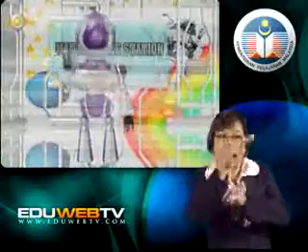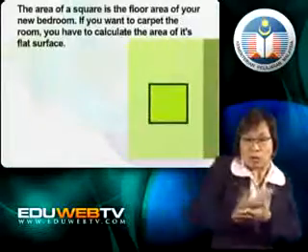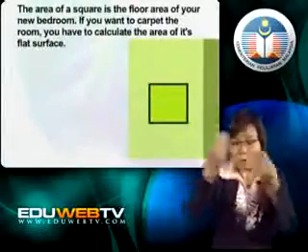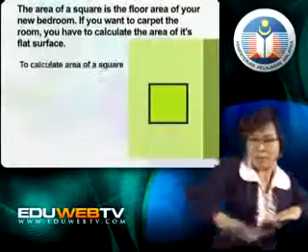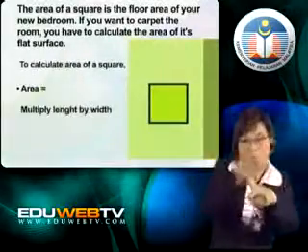Let's move on. We begin with how to calculate area. Look at the example. The area of a square is the floor area of your new bedroom. If you want to put a carpet in the room, you have to calculate the area of its flat surface. To calculate the area of a square, you need to multiply length by width.